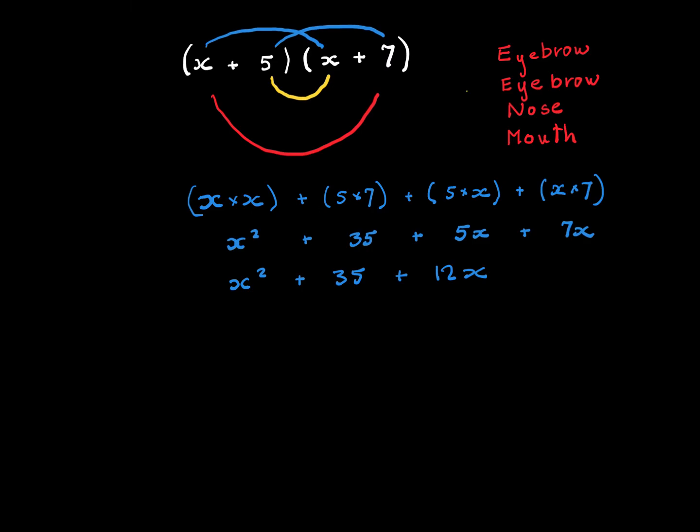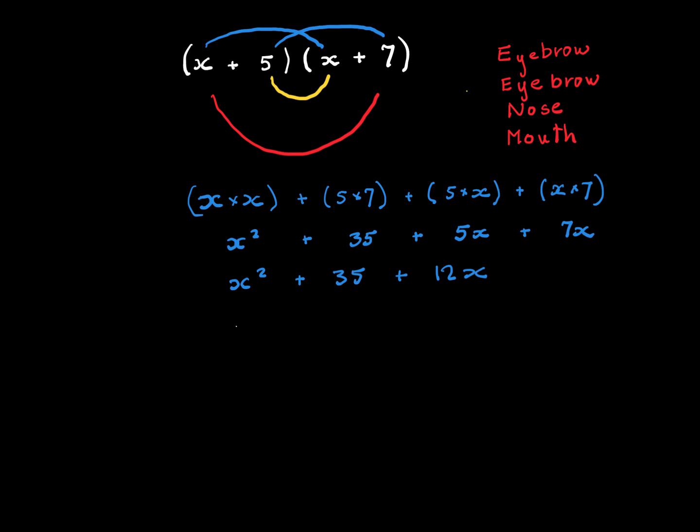I really need to point out that mathematicians like these terms to be in a certain order. And what they like is the 12x to be before the 35. In other words, keep all the x's together first, and then at the end write the 35.